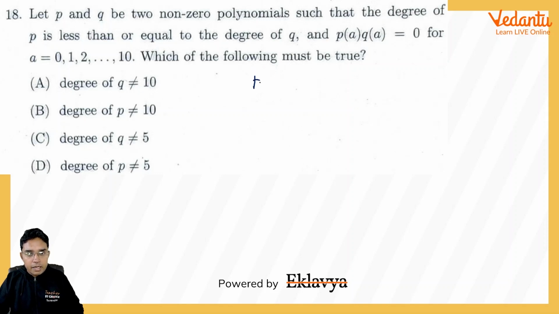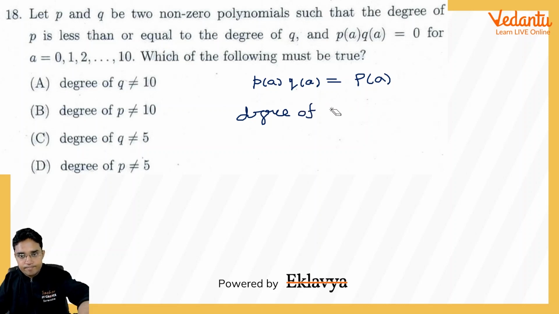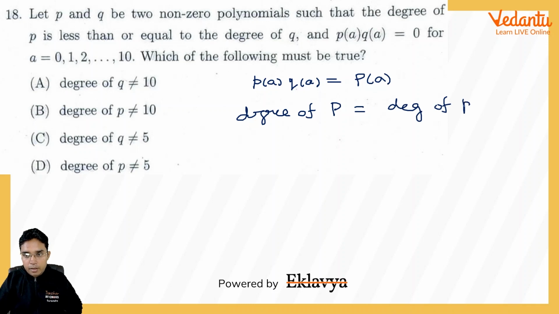So you can understand P(a) into Q(a), this product will also be a polynomial in a. I can call this capital P(a). That's a polynomial in a. And degree of capital P is actually equal to degree of small p plus degree of small q.